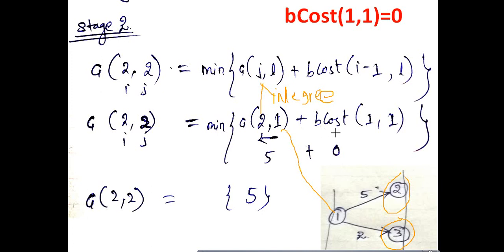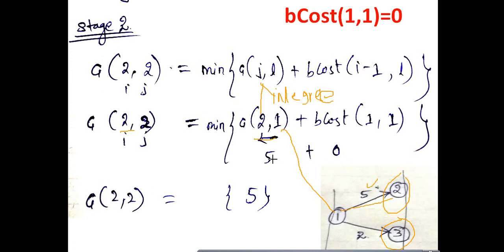Now b, backward cost of i minus 1. What is the i value here? 2. So 2 minus 1 is 1. The l value is 1. How to write this cost? Vertex 1 to 2. What is the cost from vertex 1 to 2? The cost from 1 to 2 is 5.